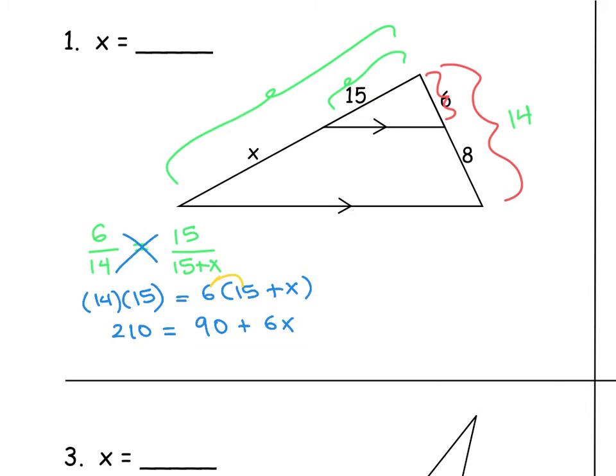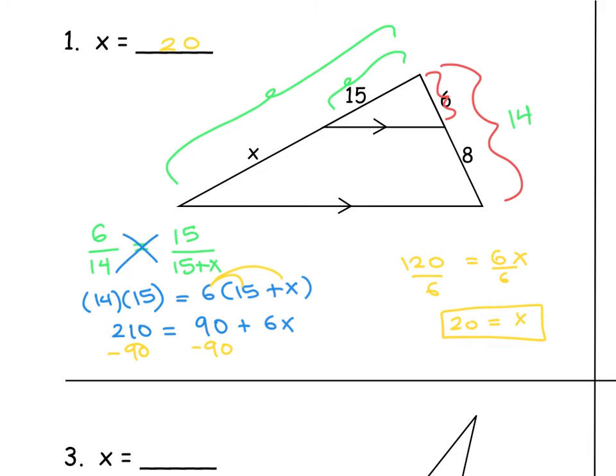So don't forget to distribute. Now to solve this, we're going to subtract 90 from both sides. So that's going to give me 120 equals 6x. Then you're going to divide both sides by 6. And you're going to get that x is equal to 20.